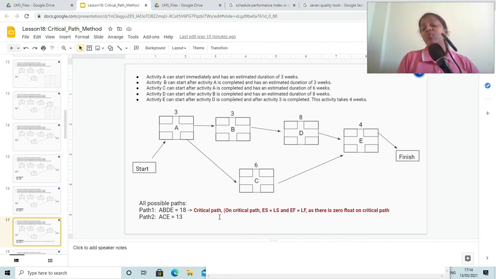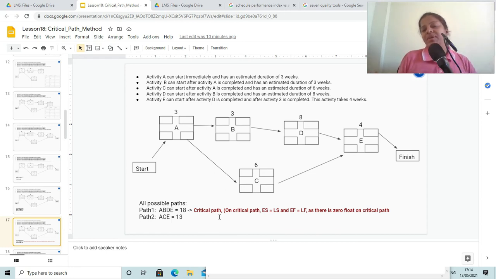So this is how we estimate the project duration in any of the projects. First we try to arrive at the different estimates for all the activities that we have planned for our project, and we try to create a network diagram depending on the different dependencies that we have.